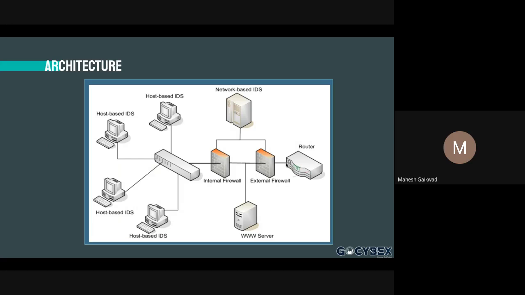Suppose traffic was going from this system to outside, through this router, that is the internet. The traffic flows through here, right? This firewall will log which system tried to communicate to which IP at what time, what packet it was, and all that information will be stored. A forensic analyst will be able to access that log and analyze it.